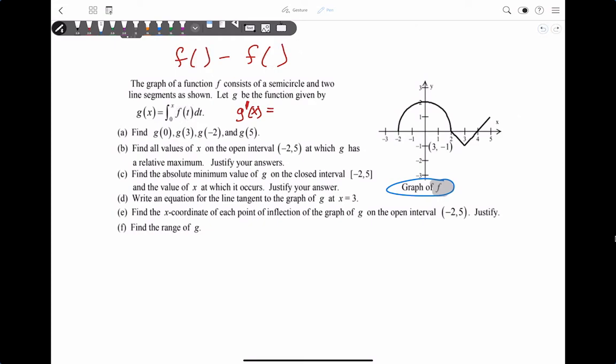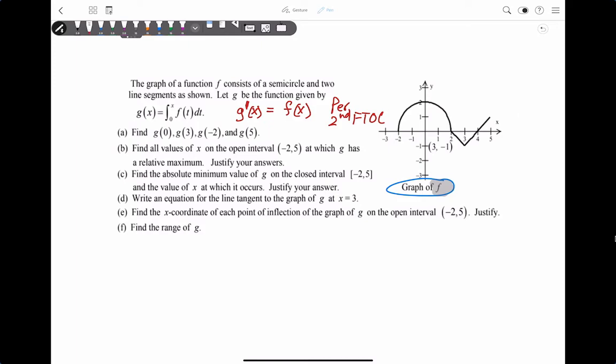Now I'm going to plug in the top limit of integration and multiply by its derivative, and plug in the bottom limit of integration and multiply by the derivative of 0. This zeroes out, and I'm left with f of x. So g prime is f of x. And this right here, we're going to mention it right now, is Part 2 of the Fundamental Theorem.